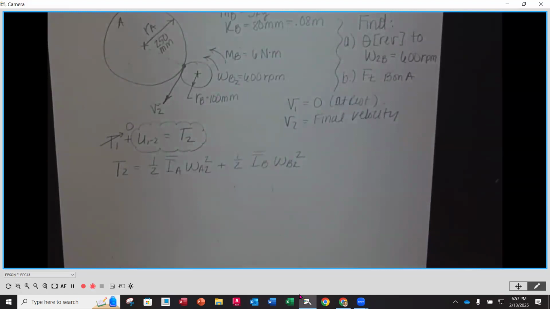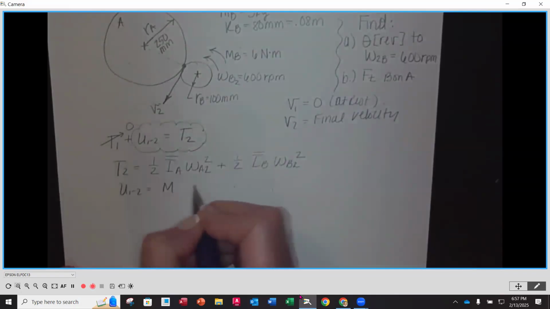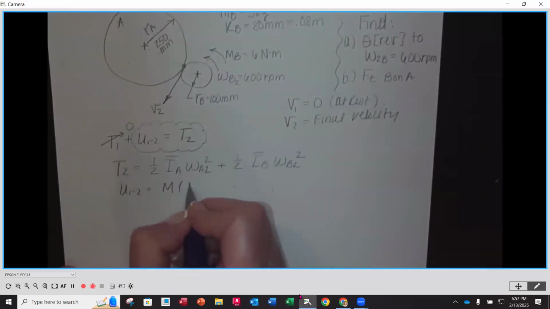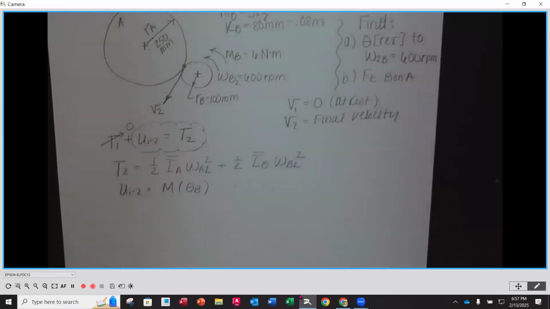And then our work is going to be our moment times theta. The 1 is starting from rest, this would be the 2, so this would be theta 2. So that's how we're going to get there.